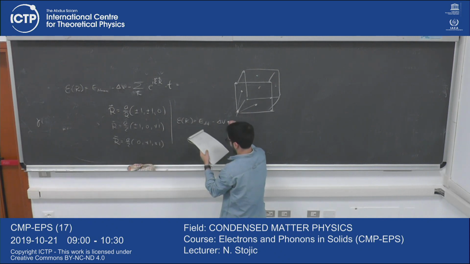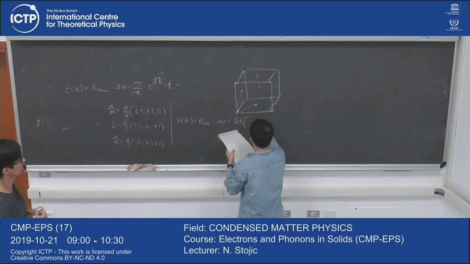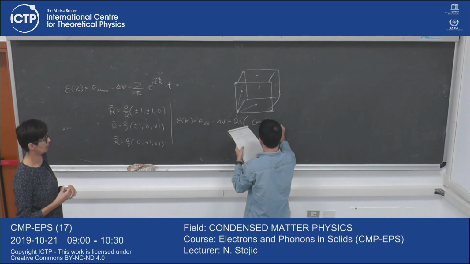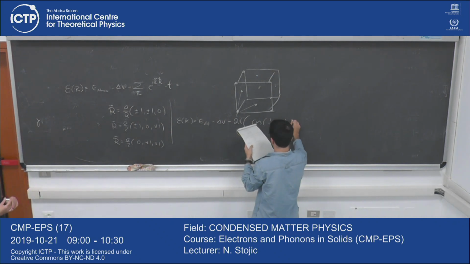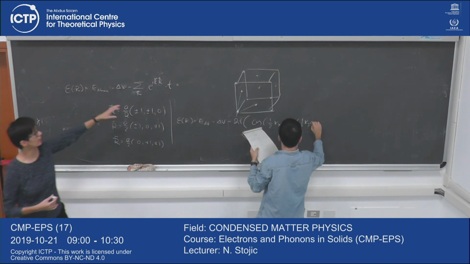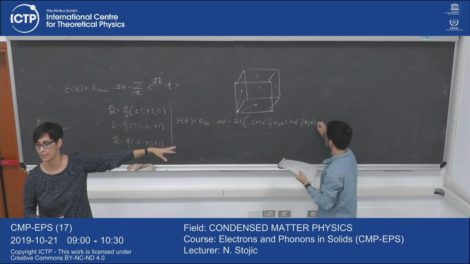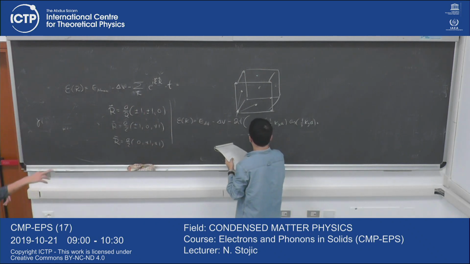You get 6 cosines. If I'm not messing up, it's minus t cosine of one half kx a times cosine of one half ky a. So you have 6 cosines in the sum, and then you can combine them and rewrite it in this form.